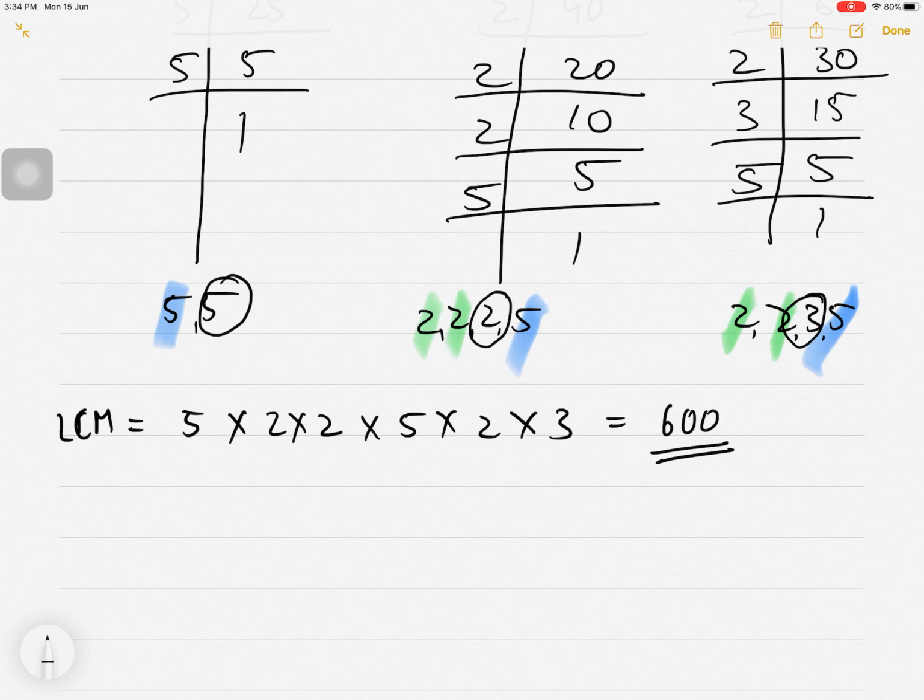So the LCM you should get is 600. I believe that everybody is getting the correct answer.